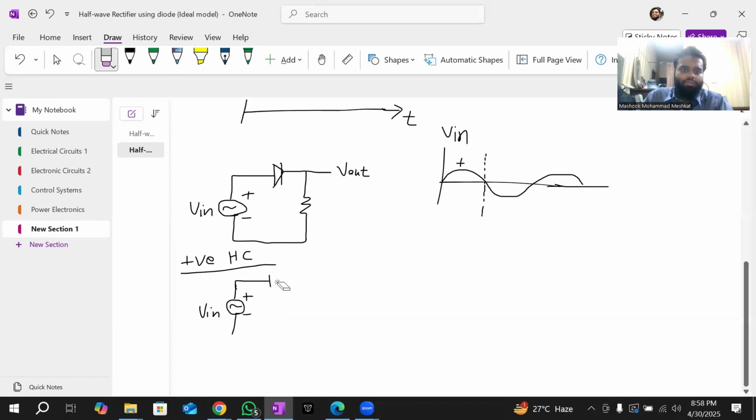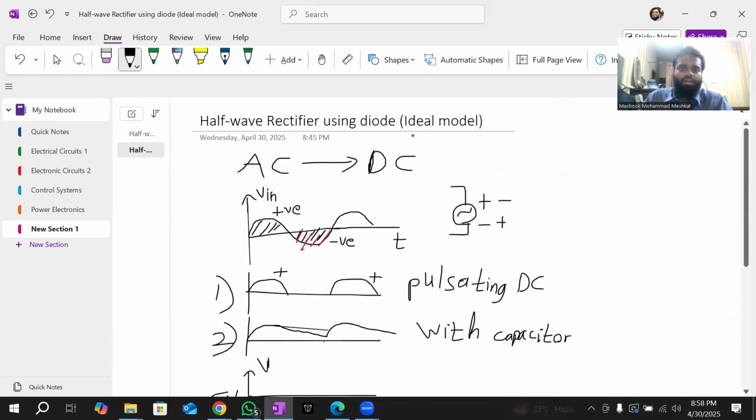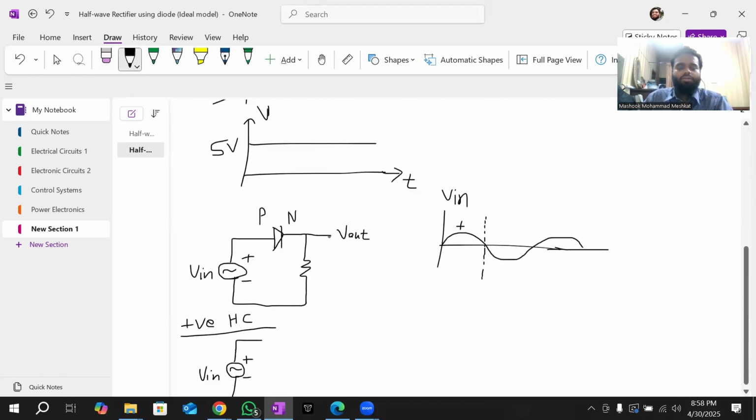So as we know, how does a diode work? A diode has a P junction and an N junction, and I'm considering it to be an ideal diode model. So we know that when the voltage in the P junction is higher compared to the voltage in the N junction, in the ideal case, the diode becomes short circuited.